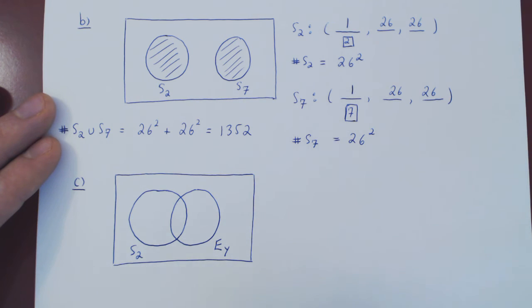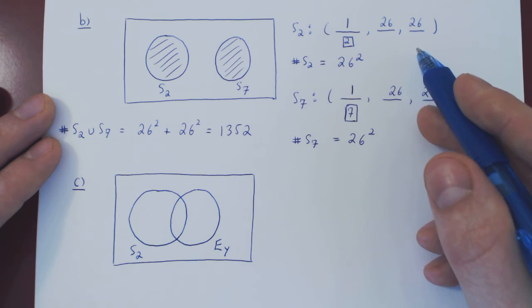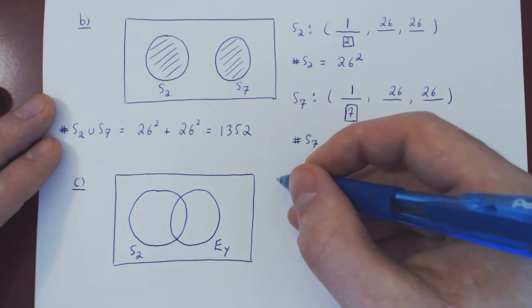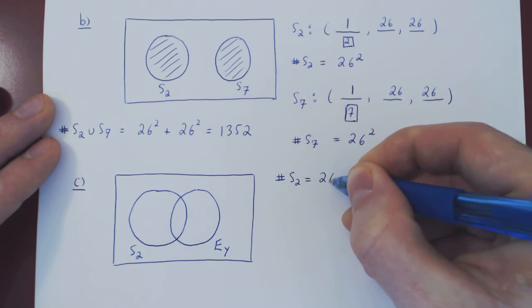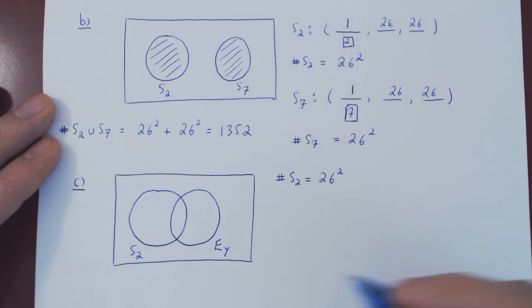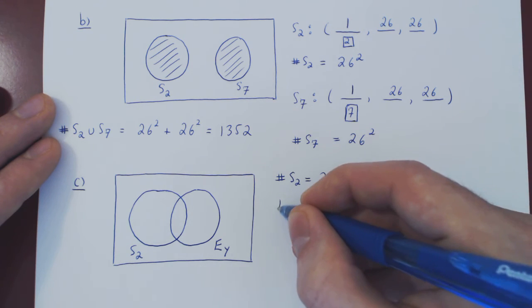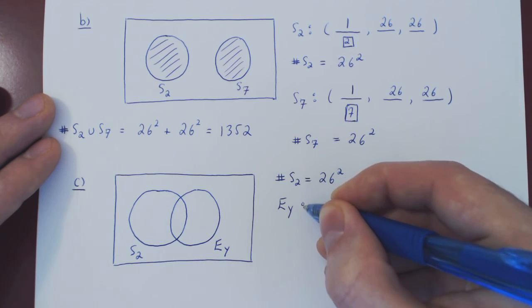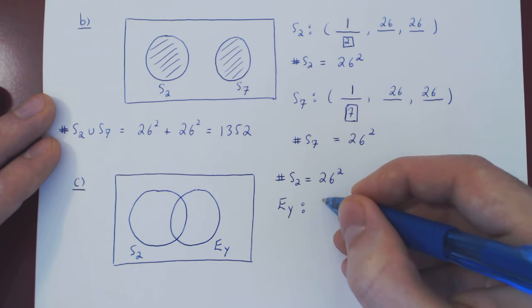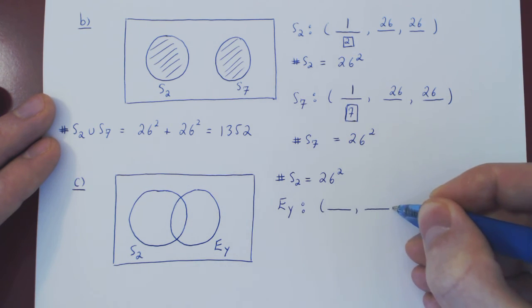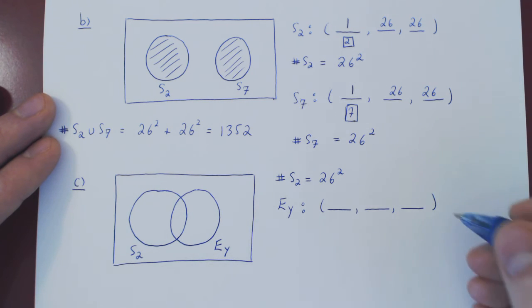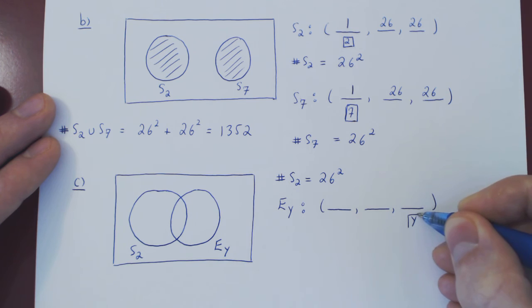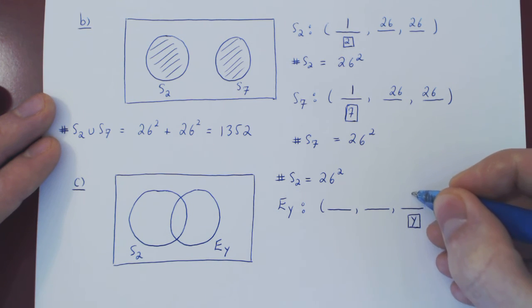Well, let's start with looking at S2, but we already counted S2. So this is already done. So the number of elements in S2 is 26 squared. Let's look now at EY, the passwords ending with Y. Well, again, there are three symbols. What do we know? Well, our password ends with Y, so our last symbol has to be a Y. So there is only one option here.